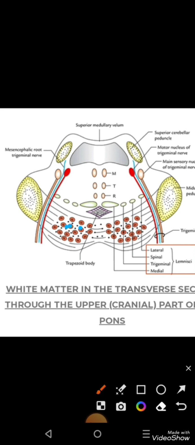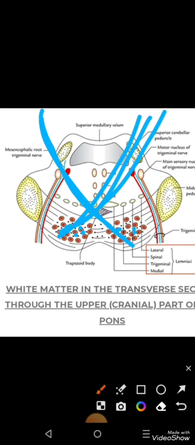We have discussed that the pontine nuclei are there, and there should be some longitudinally running fibers. They could be corticospinal, coming from the cerebral cortex, right? And the corticonuclear, that will finally, when we see the medulla oblongata at the lower region, form the pyramidal tract, right?